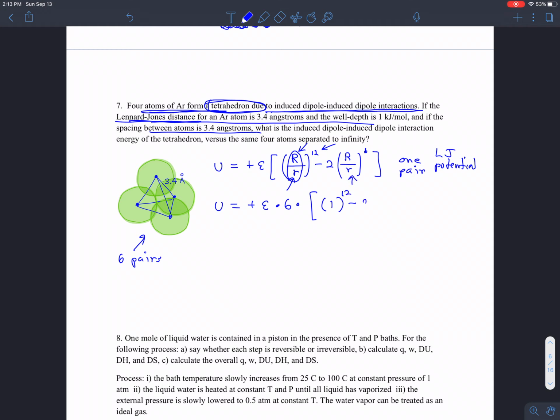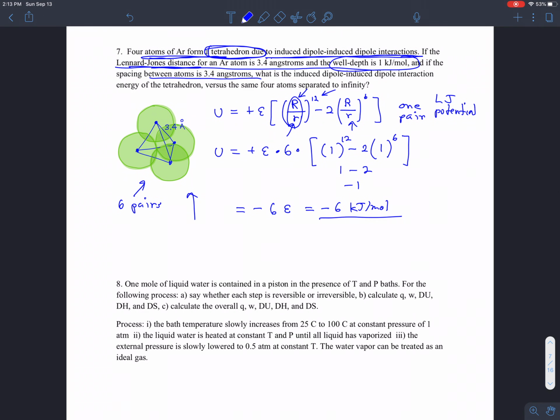Same here, 2 times 1 to the 6th. That's just 1 minus 2, which is minus 1, and so we get minus 6 times the Lennard-Jones well depth. It says that the well depth is 1 kilojoule per mole, so it's minus 6 kilojoules per mole of interaction energy between all 4 of these clustered argon atoms.